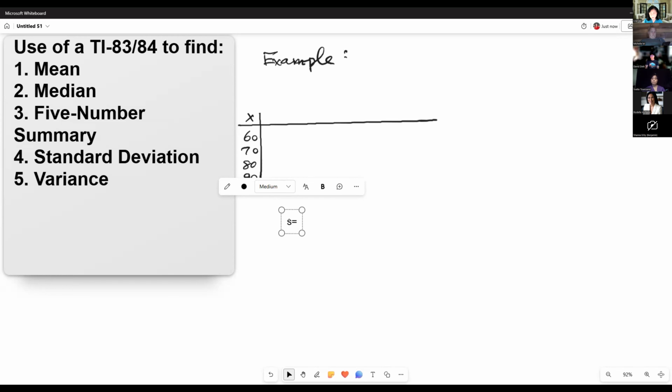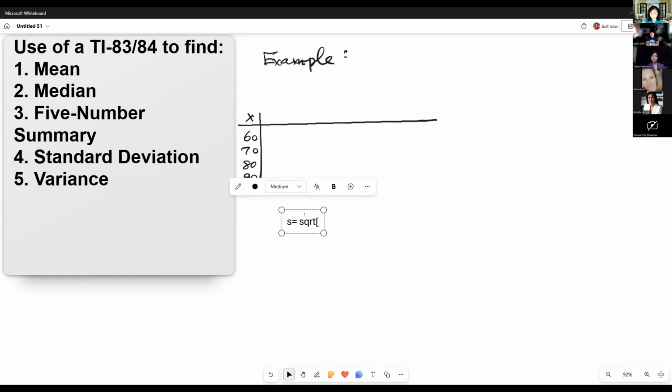So small s is equal to, I think I need to write this down. How can I type this? Square root. I will type a square root because the whiteboard doesn't have a math symbol. It's the square root of something.